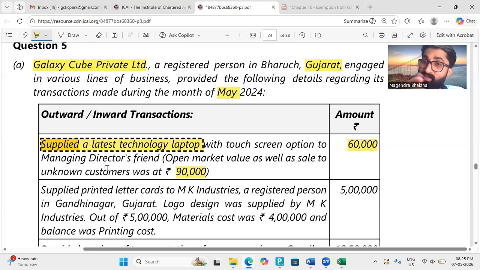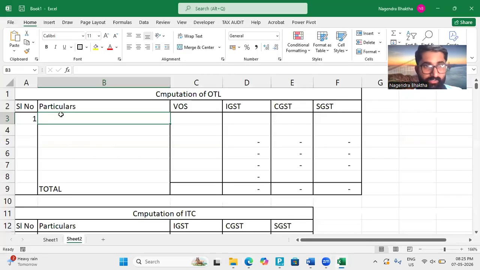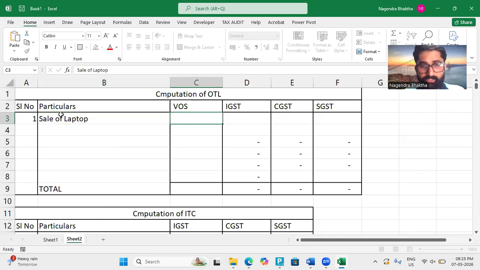But the managing director's friend is not a related person. If it is not a related person, whatever is paid or payable is the value of supply. So the value of supply is 60,000. Sale of laptop, the value is 60,000.